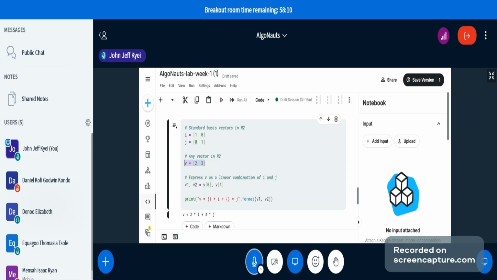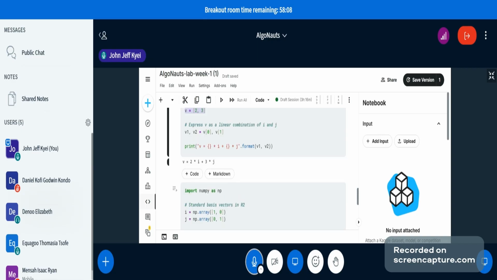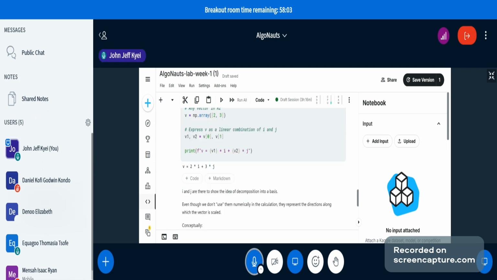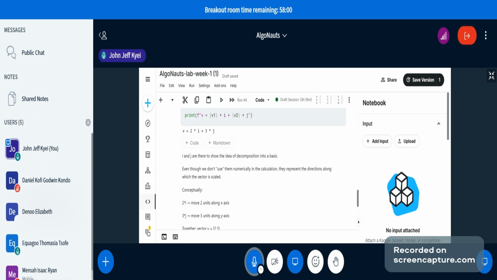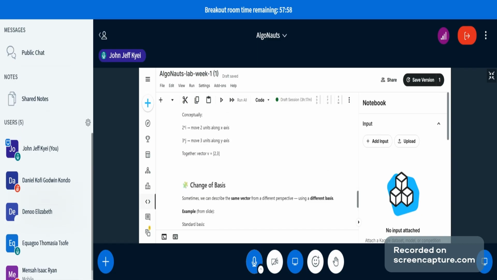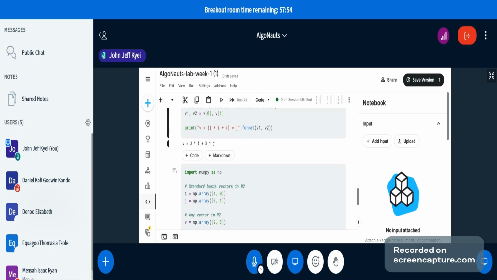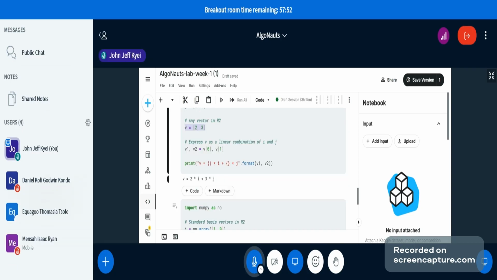So this is just setting them up. For example, with this i and j, they're like just east and north, right?